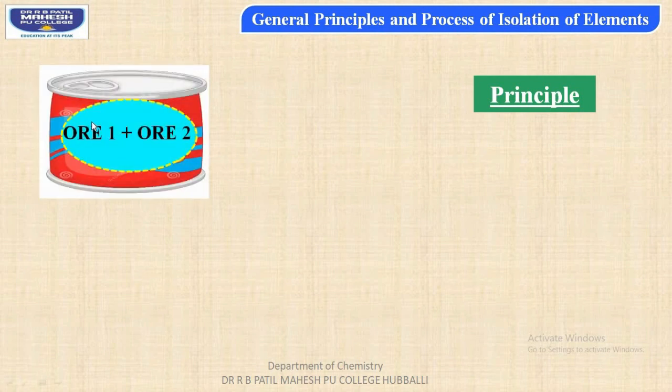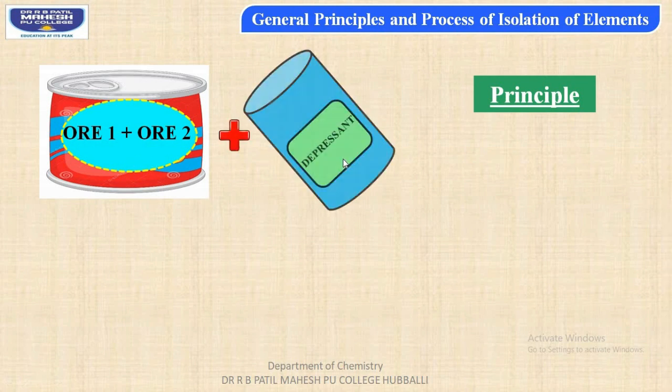If we consider, students, both sulfide ores, that is ore number 1 and ore number 2, both are sulfide ores. They are present in a mixture. Then we are adding depressant.